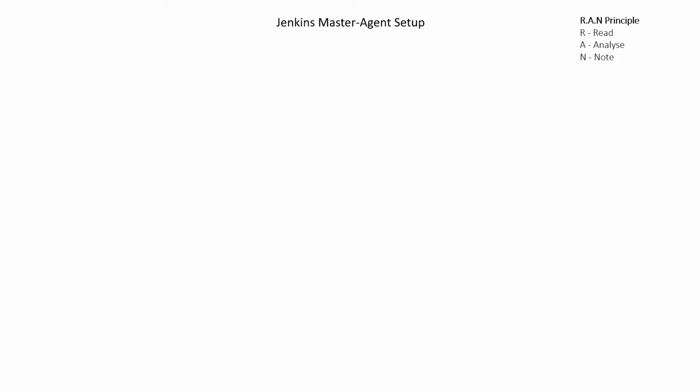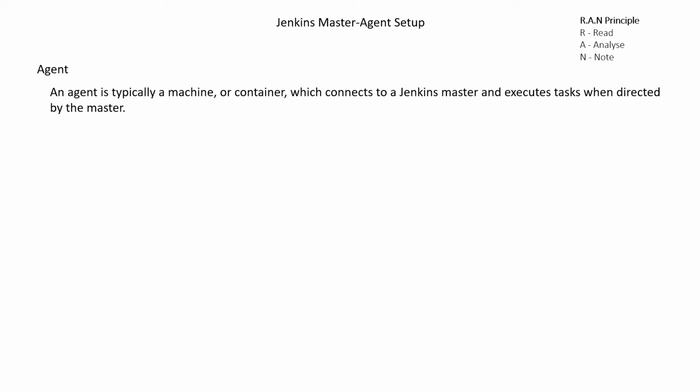Okay, let's get started. So what is an agent? An agent is typically a machine or container which connects to a master and executes tasks when directed by the master. What does it mean? The agent is like a supporting resource for the Jenkins master which shares the load such as CPU, memory, and so on, and the workspace as well, the hard disk space, like a file system.